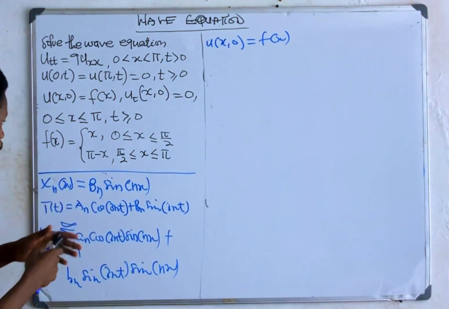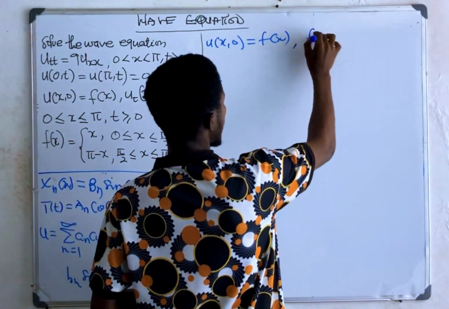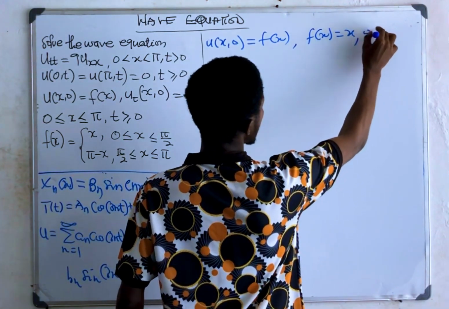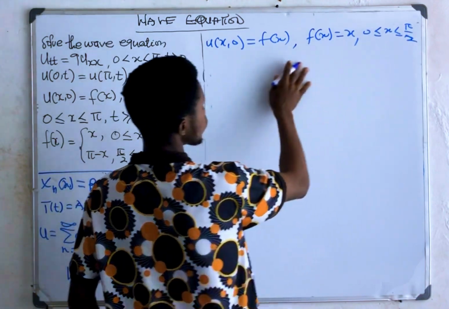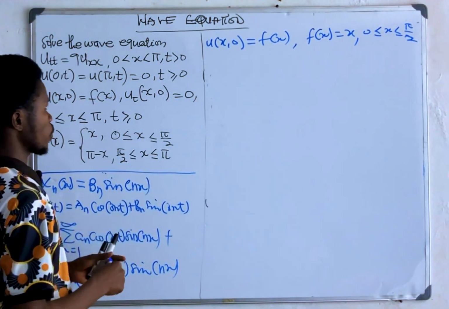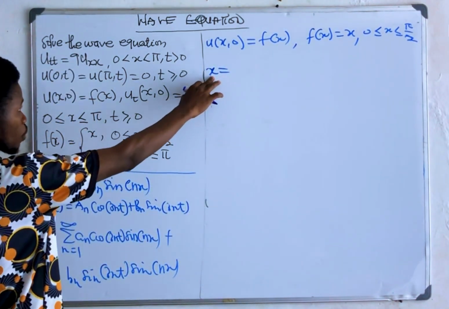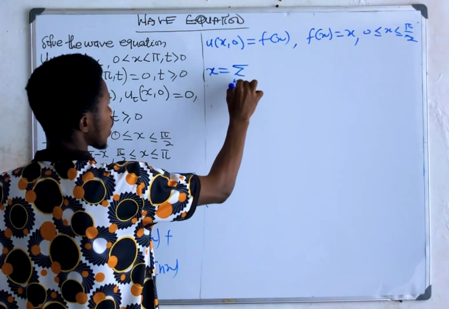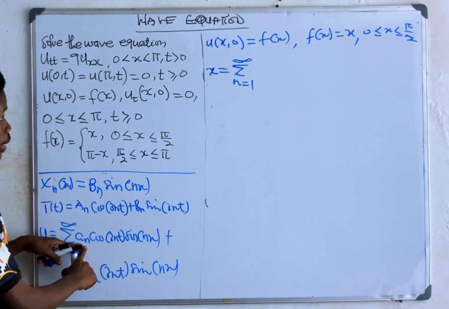So first I'm going to consider when f(x) equals x, and the condition is 0 to pi on 2. I'm going to use this one first. So I'm going to have x equals, this x represents the u, equals the summation as n goes from 1 to infinity an.